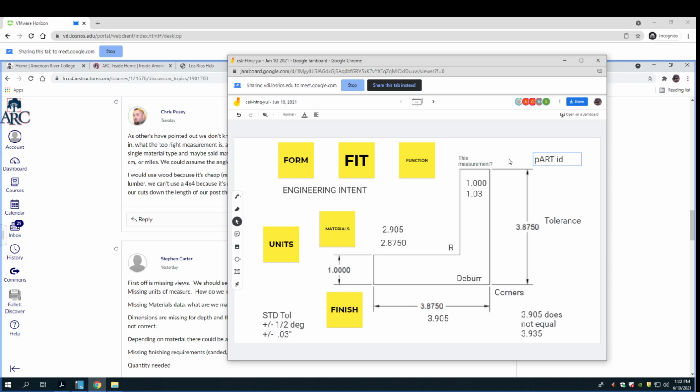They're going to ask for the ID of the part. What is this? Even architecture. Here's the address. Here's the roof drawing. Here's the this drawing. Here's the that drawing. Okay, so usually there's some sort of an ID that goes along with it.